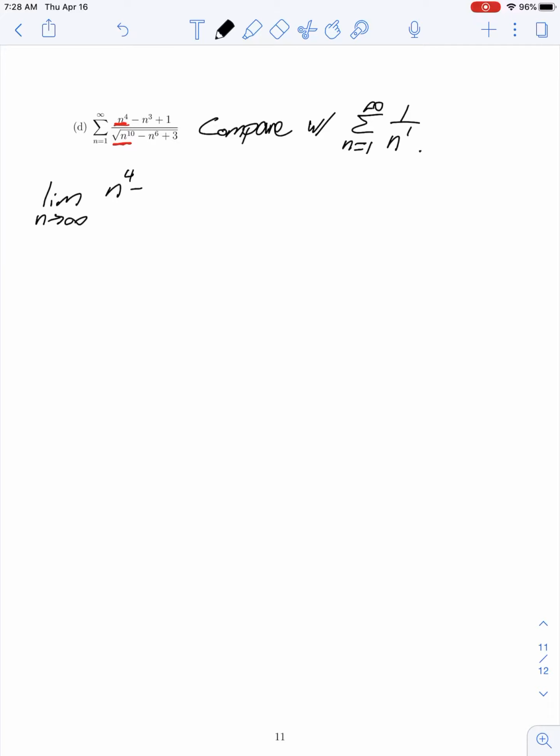So to use this limit comparison test, we take the limit as n approaches infinity of the ratio of the term of our series, which was n to the 4th minus n cubed plus 1, over the square root of n to the 10th minus n to the 6th plus 3. And we divide by the general term that we're comparing with, 1 over n, which is equivalent to multiplying by its reciprocal, n over 1.